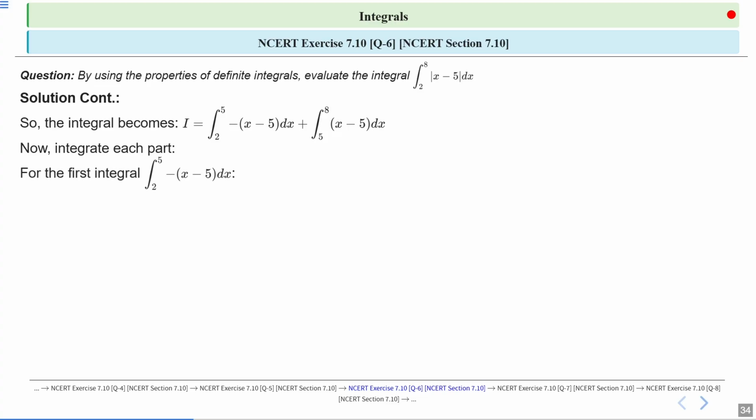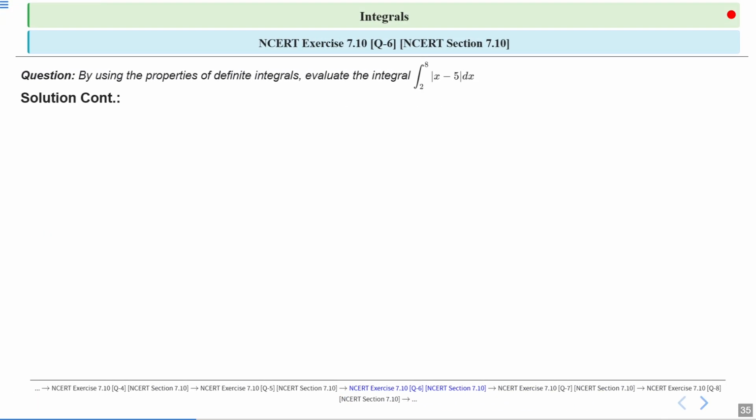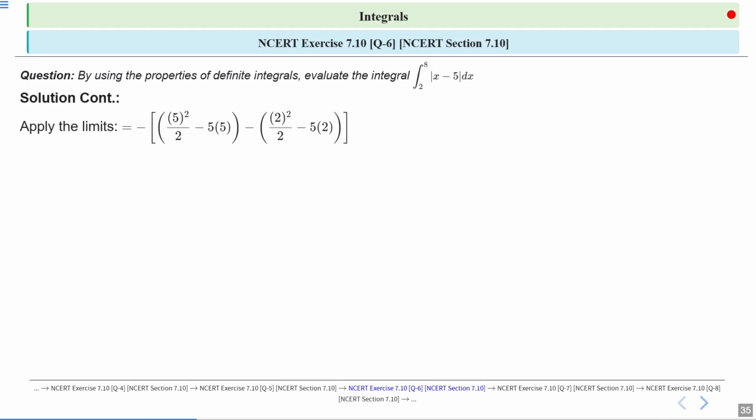For the first integral, from 2 to 5 of minus (x minus 5) dx, it becomes minus x square by 2 minus 5x, lower limit is 2, upper limit is 5. So apply the second fundamental theorem of integral calculus. Just apply the limits. We get minus 5 square by 2 minus 5 into 5 minus, 2 square by 2 minus 5 into 2.